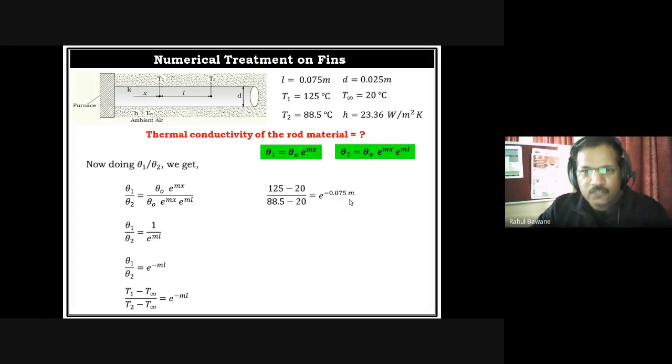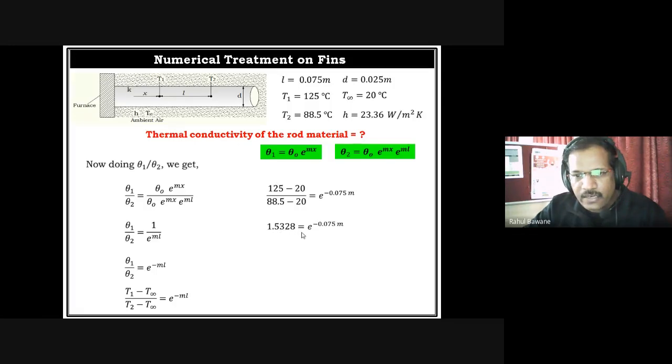Because we are interested in finding thermal conductivity, correct? And thermal conductivity will be in the formula of m only. m will be the square root of all those parameters. So we have to first identify the value of m, and then from m we will calculate k. Now here, on the left hand side only numbers are there, so we can simplify it.